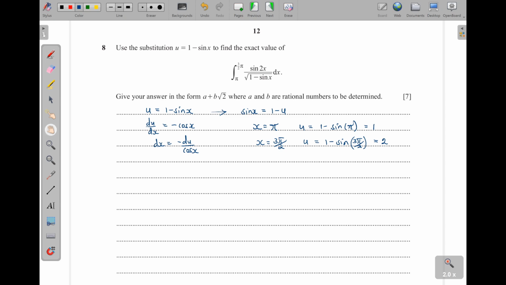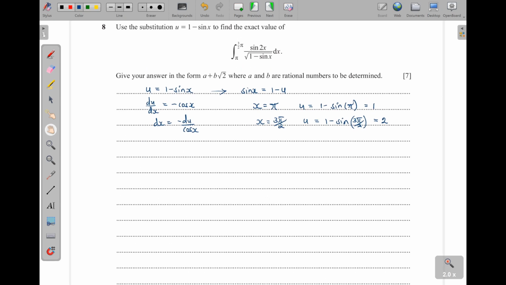Then next, let us now express what we are given here. The integral from pi to 3 pi over 2, we have sine 2x, then we divide by the square root of 1 minus sine of x with respect to x. This one will give us the integral from 1 to 2. The limits have changed. Sine 2x is the same as 2 sine x cosine of x, the double angle for sine.